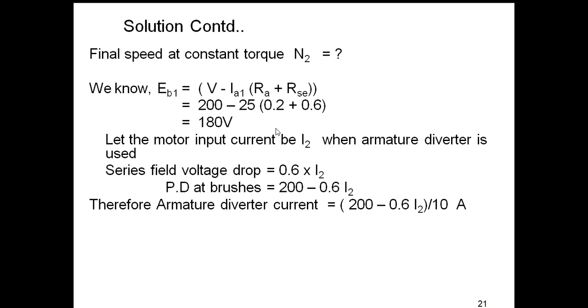Therefore, armature diverter current is equal to 200 minus 0.6 I2 by 10 amperes.